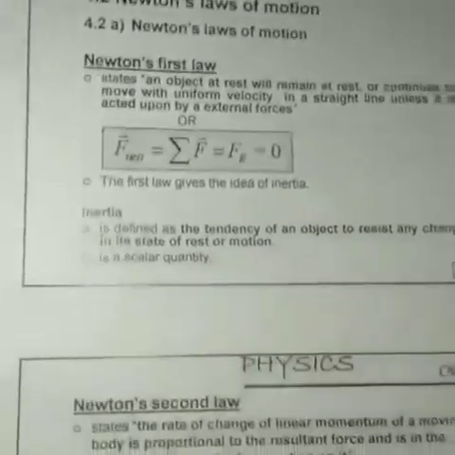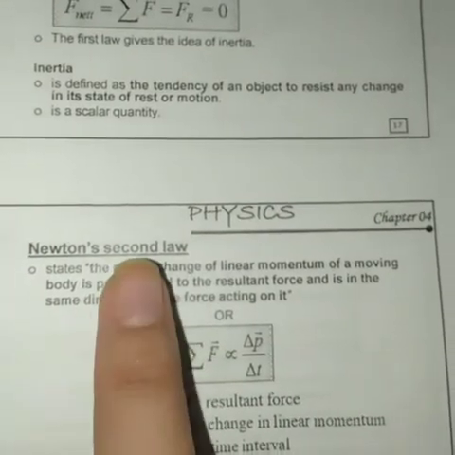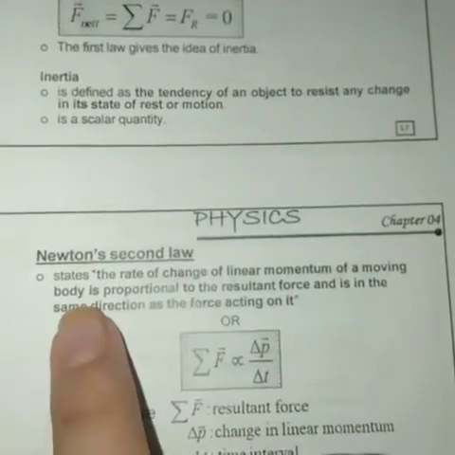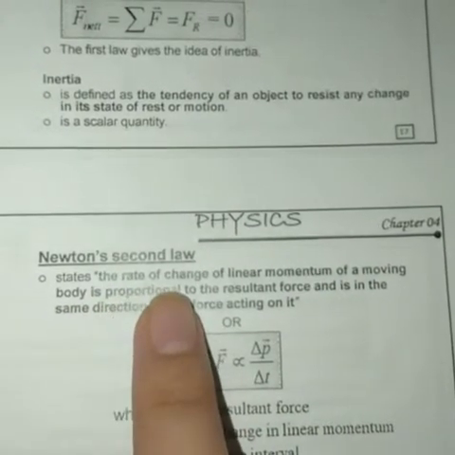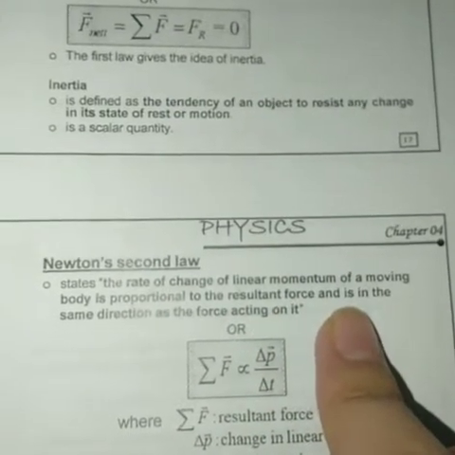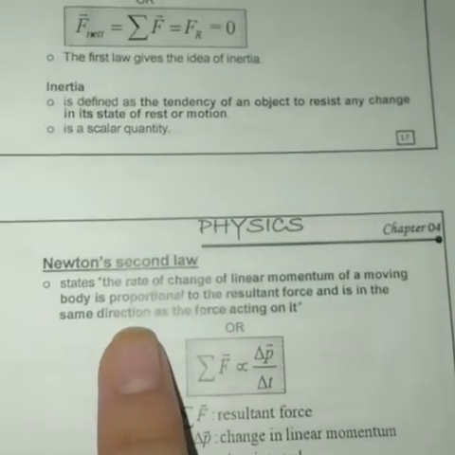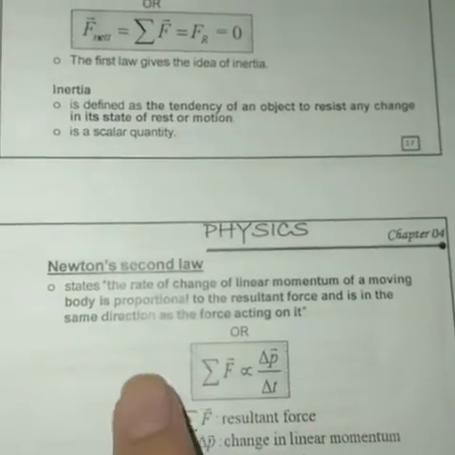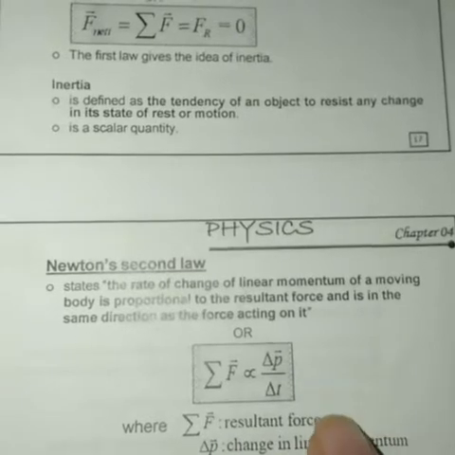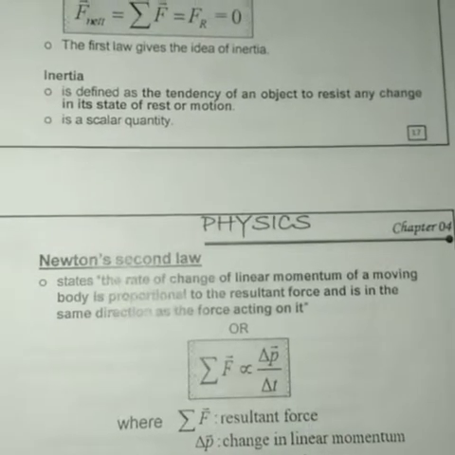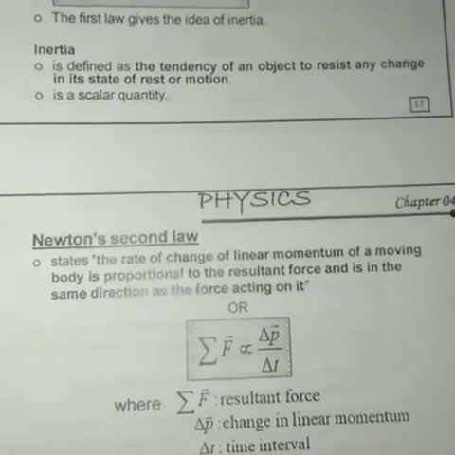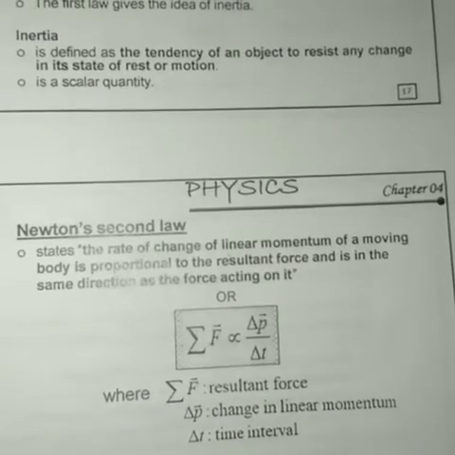So the second law is the rate of change of linear momentum of a moving body is proportional to the resultant force, and it is in the same direction as the force acting on it, and this is a symbol. Sum F equal to resultant force, and delta P equal to change in linear momentum, and delta T is time interval.